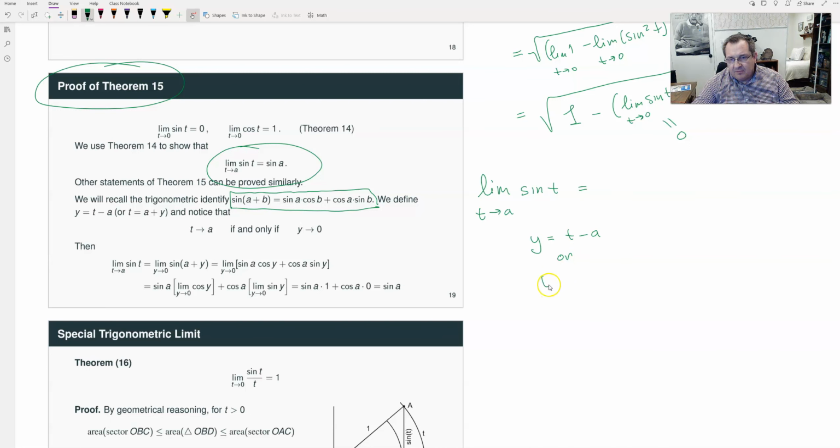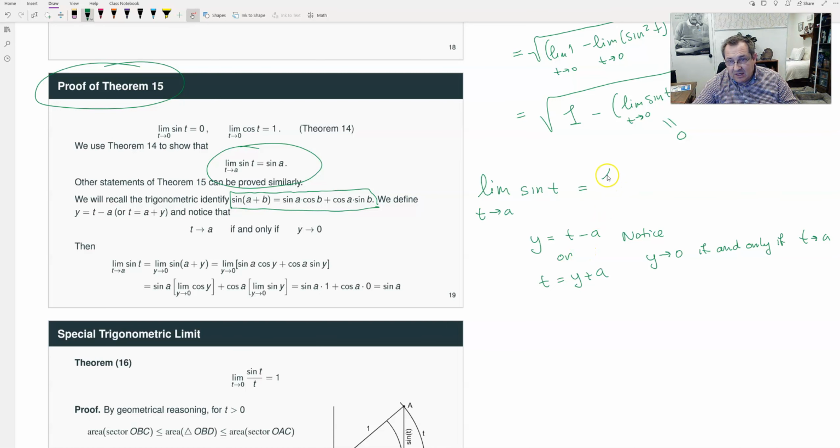Or you can say t will be equal to y plus a. Either way, it's true. And we notice that y goes to 0 if and only if t goes to a. If t goes to a, y will go to 0. If y goes to 0, through this formula, t will have to be equal a.